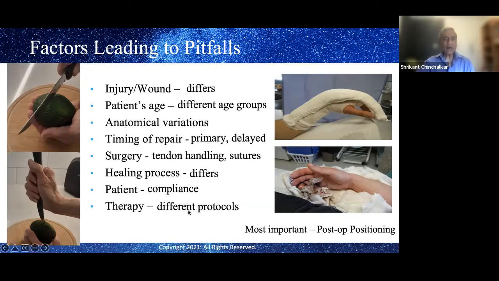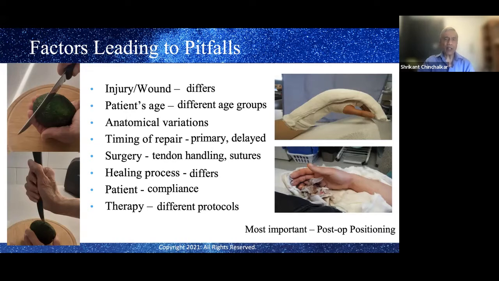Now, timing of repair. There is still a controversy about what is primary, what is delayed or late repair, and so on. We can very well say that not every individual who has a tendon transection is repaired as a primary repair. It's quite likely that patients may come to the clinic at a later stage after having realized that they can't move their fingers, so 5 to 7 days are gone.